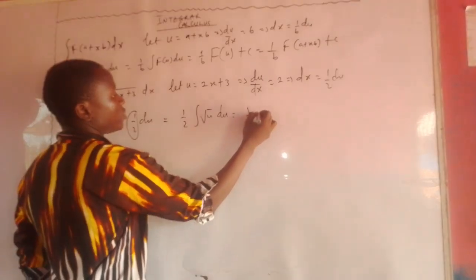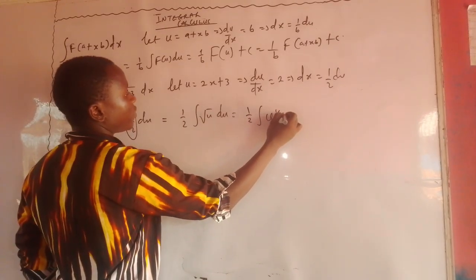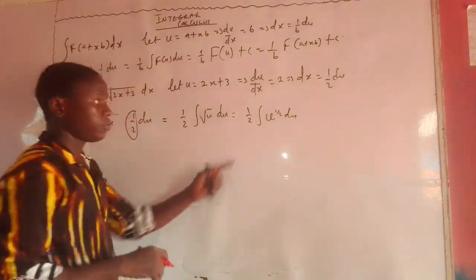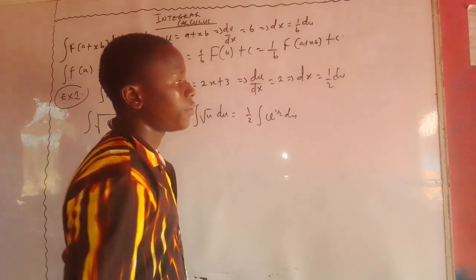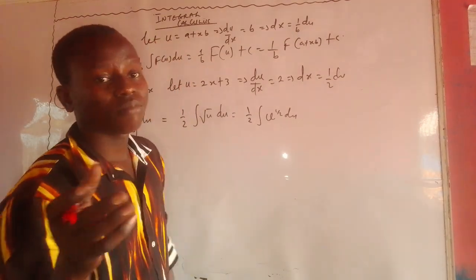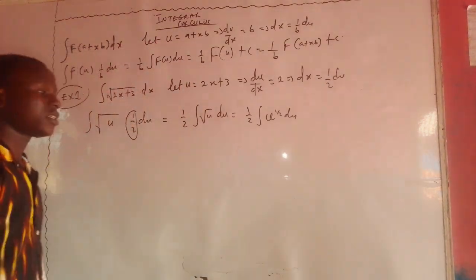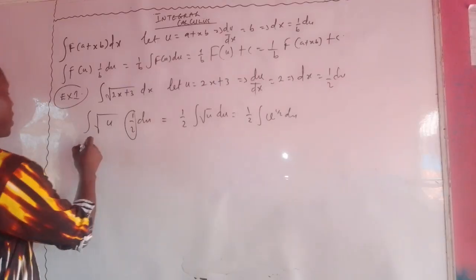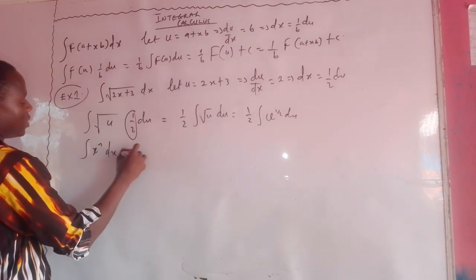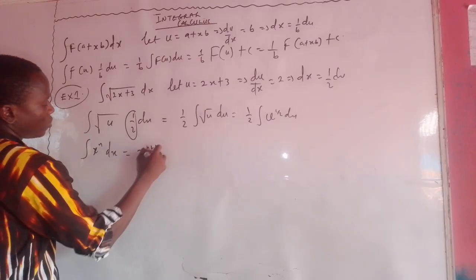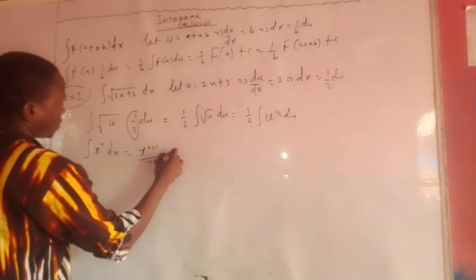This will be 1 over 2, the integral of u raised to the power of 1 over 2 du. Don't forget, the square root of u can be written as u raised to the power of half. From the integration formula in our previous video, I said the integral of x raised to the power of n dx gives x raised to the power of n plus 1 over n plus 1, plus c.